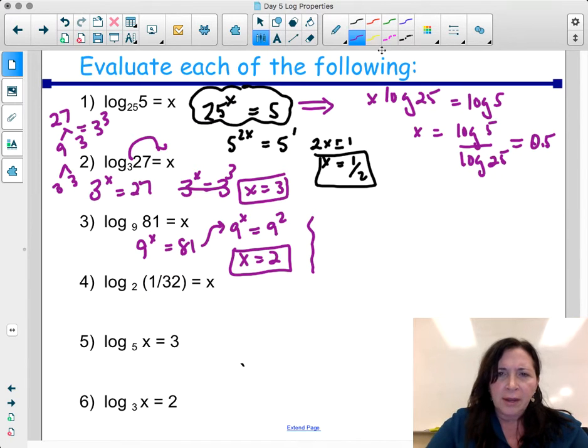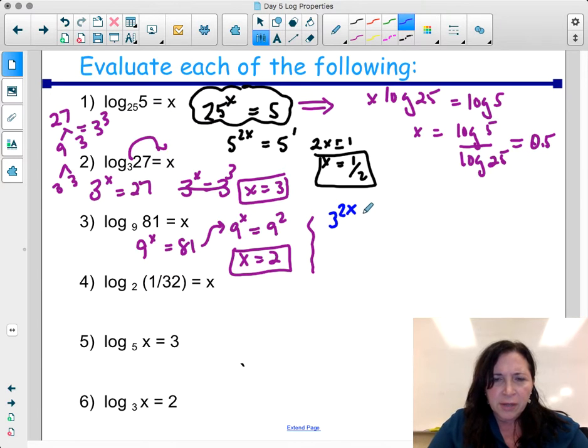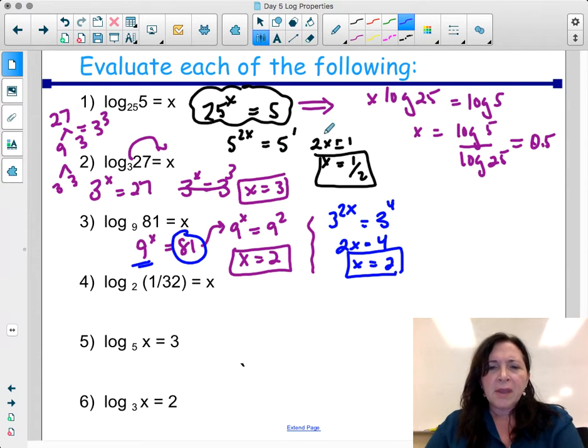Also, an alternate way to do this problem, I could break this down to 3s. 9 is actually 3 squared, and there's an x here, so 3 squared to the x is equal to 81, and that's 3 to the 4th power. If my bases are the same, I can set my exponents equal to each other, and I get x is equal to 2. Same answer, different way.